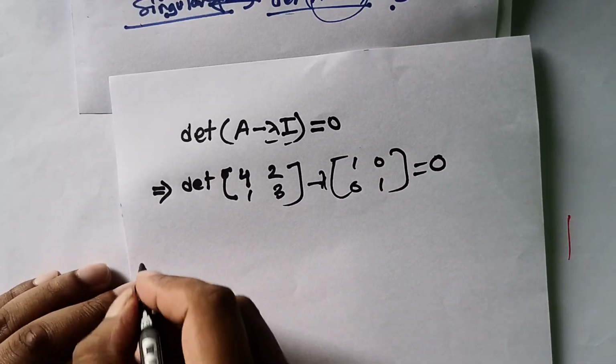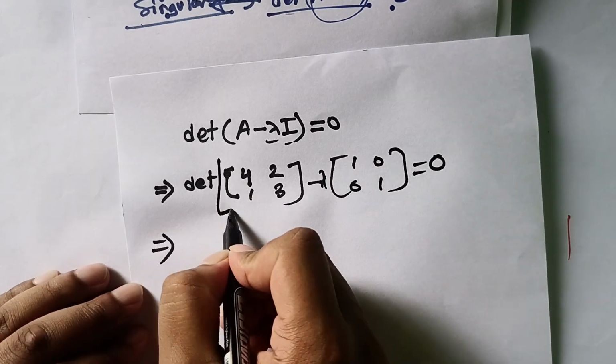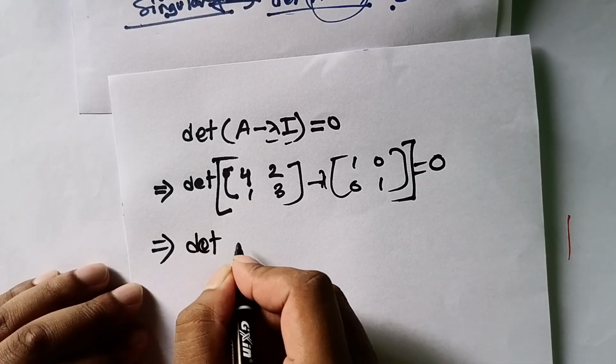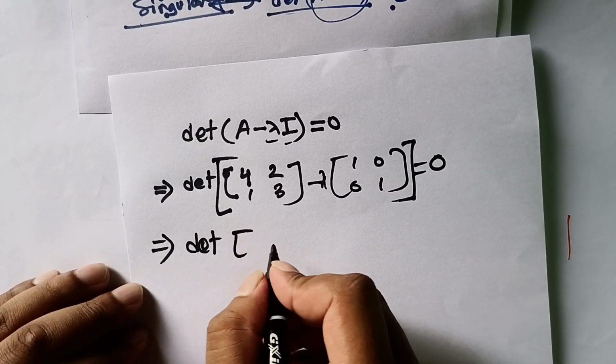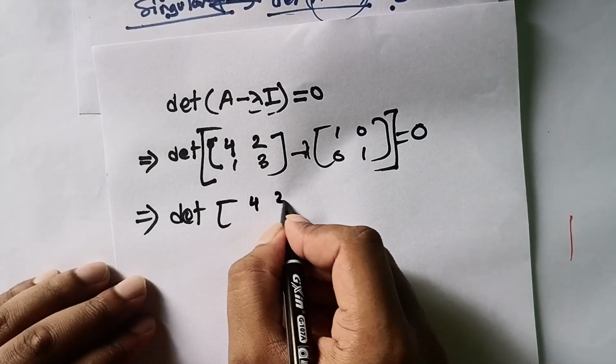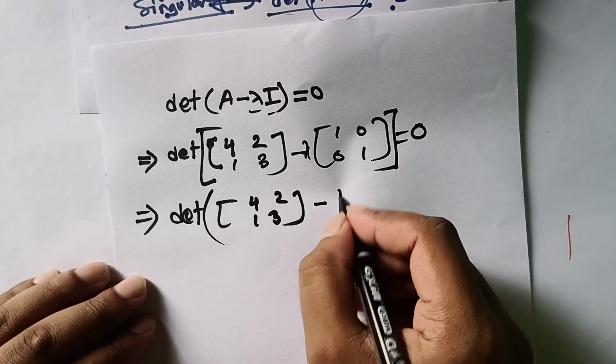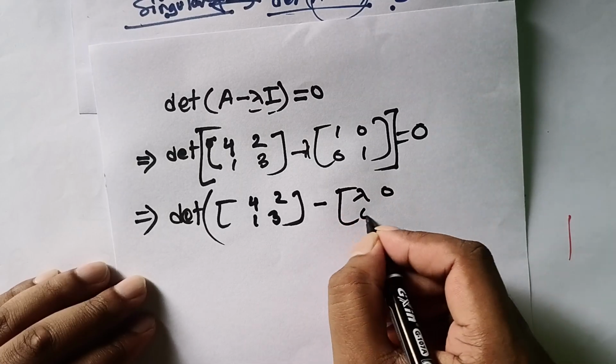We can write it as [4, 2; 1, 3] minus [lambda, 0; 0, lambda].